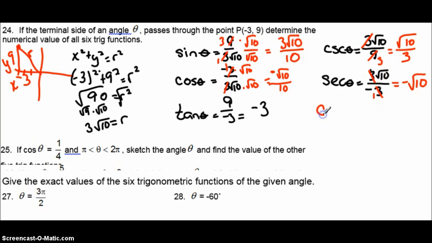And then finally cotangent. It'll be the reciprocal of tangent, so that's negative 3 over 9, which reduces to negative 1/3. Right. Not bad. Okay, let's try another one.